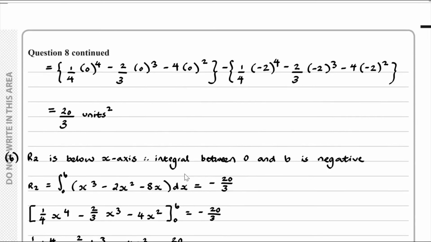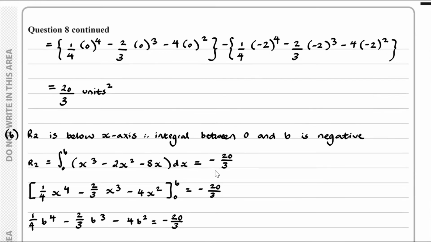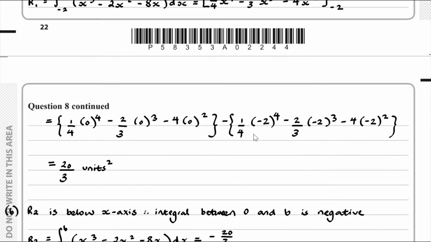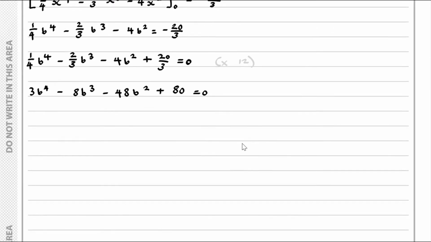Now, if we divide this result here by (b + 2)² and end up with 3b² - 20b + 20, then of course we can verify that b satisfies this equation. It's a bit of a weird question actually if we think about it, but that's probably the best way to answer this question.